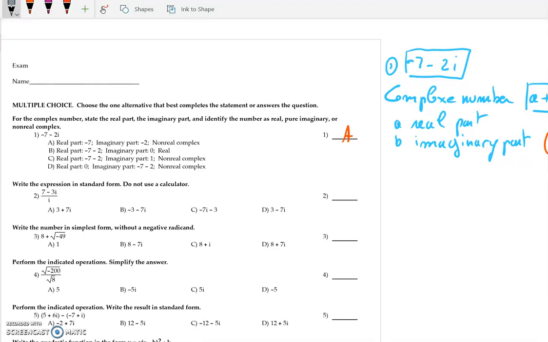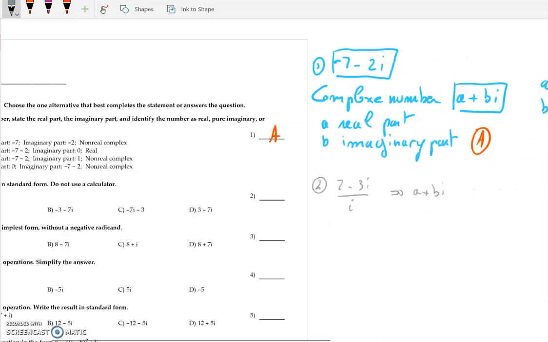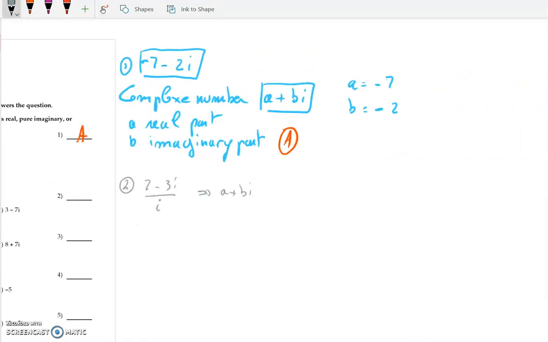So if I look at problem number 2, we have 7 minus 3i divided by i. And I want to transform that into the form a plus bi. For that, I'm going to multiply 7 minus 3i top and bottom by i. And by doing so, I end up with, using my parentheses, 7i minus 3i squared divided by i squared.